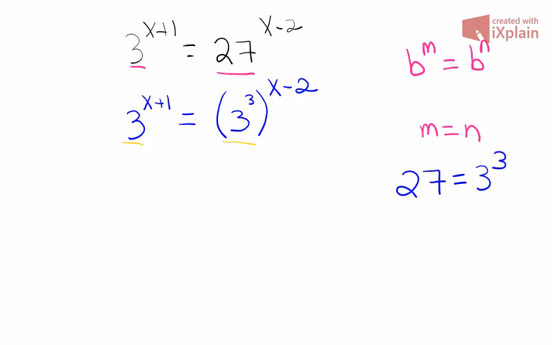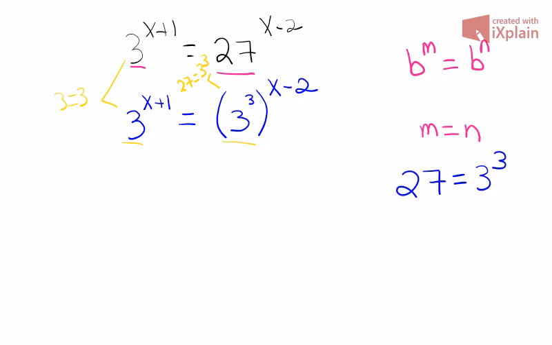So 3 equals 3. And here, 27 equals 3 cubed. So I didn't change the number. I just changed how it was written. And that's really important to understand. I see a lot of students just change the number. You can only change it to an equivalent form with a different base.